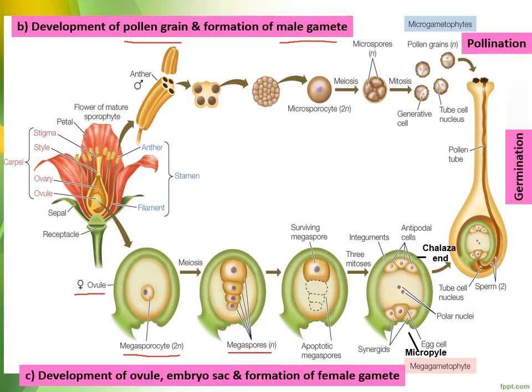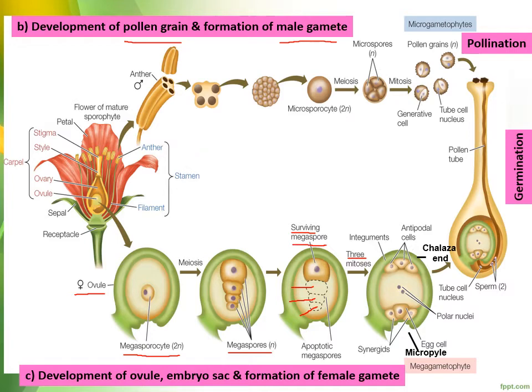Then 3 of the megaspores, 1, 2, 3, will degenerate, leaving only 1 surviving megaspore. So this 1 surviving megaspore will undergo mitosis 3 times to produce an embryo sac with 8 haploid nuclei.